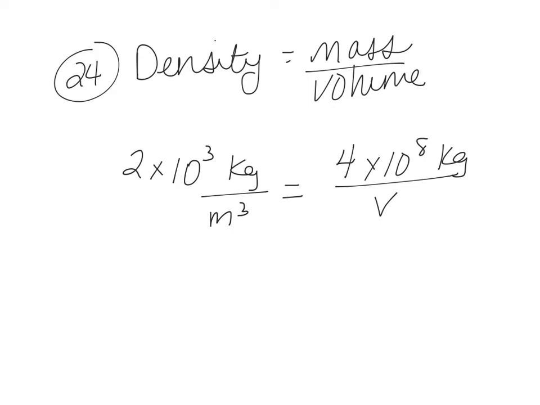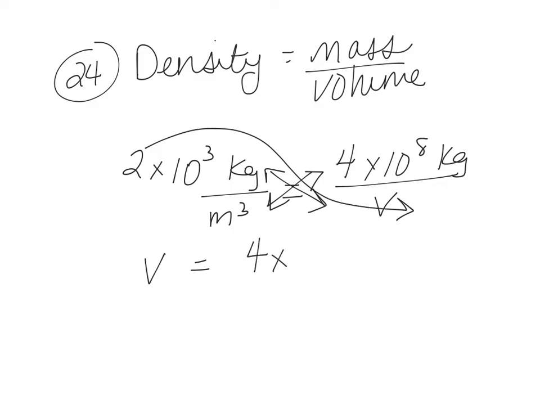So in this type of problem, we can actually cross multiply. And so our V switches up here, and our 2 times 10 to the 3rd switches down here.